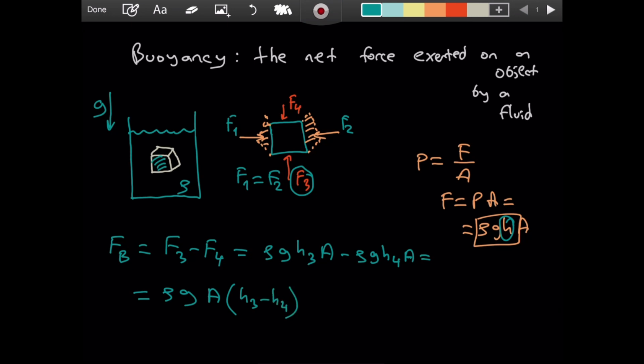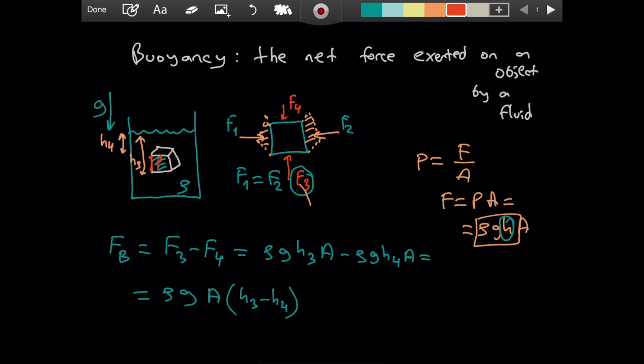Now I want to label h3 and h4 on the diagram, because this will give us an interesting result. If I name this h4, which is the depth of the top of the object, well then this part will be h3, and their difference, which is this factor right here, is simply the length of one side of our cube.